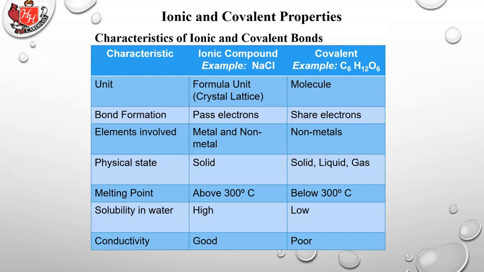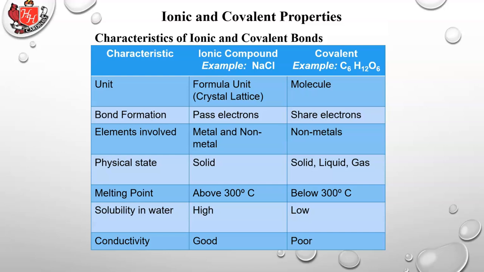The physical state of ionic bonds, they exist as solids, whereas covalent bonds can exist as solid, liquid, or gas. Think of water. Solid water is ice, liquid water we just call water, and gas we would call steam or vapor. The melting point: generally, ionic compounds have higher melting points, above 300 centigrade, and covalent compounds melt at a lower melting point, below 300.